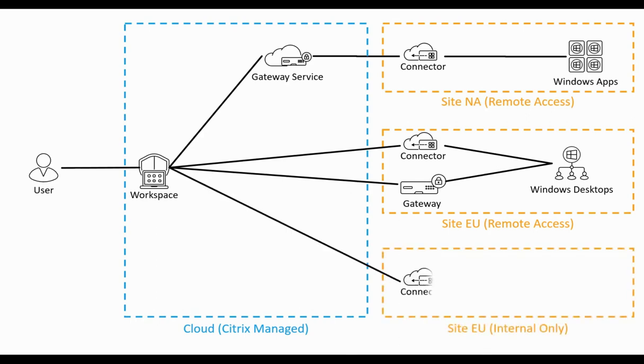And then I can also have another environment, another site that does not allow any remote access. So you can set this up with different criteria on how you break this up. But from one workspace, you can use the gateway service in the cloud, you can use Citrix Gateway running on-prem, and then you can also have another environment that's set up with no remote access whatsoever.